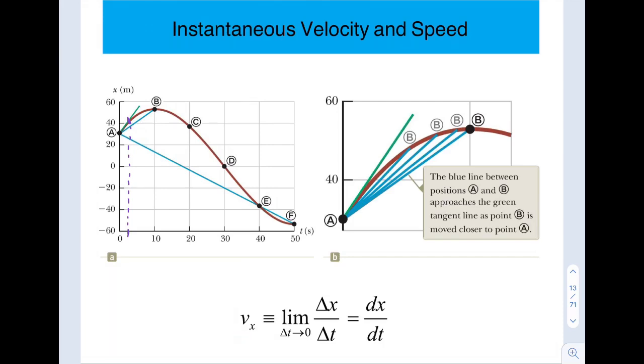So how do we do that? What are we doing when we're taking the tangent? We are actually taking the limit. In calculus, this limit is called the derivative of x with respect to t, written as dx over dt.